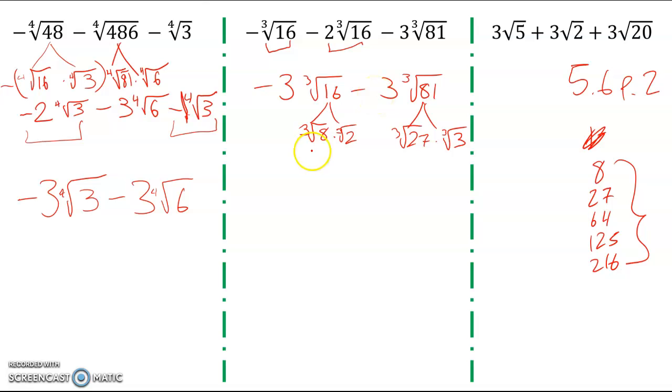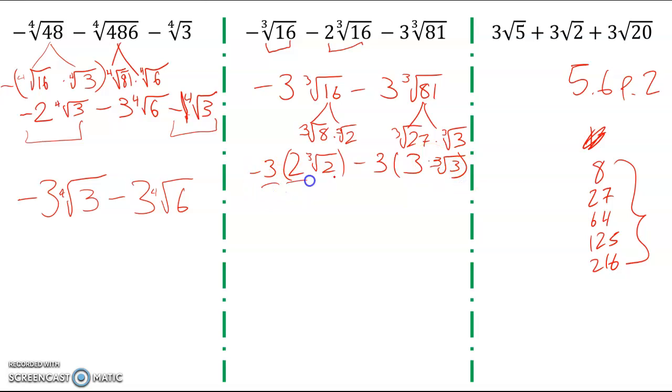And if we bring this down, the cube root of 8 is equal to 2, and then the cube root of 2, we can't do anything with that, so we're going to bring it down, 2 times the cube root of 2. Then we're going to bring down the negative 3 out front, and then we're going to do the same over here, negative 3, and then we have this cube root of 27, which is just the same as 3 times the cube root of 3.